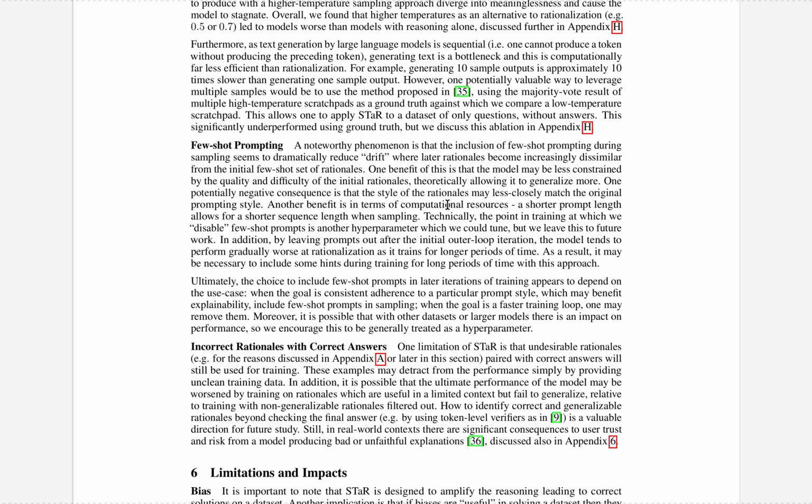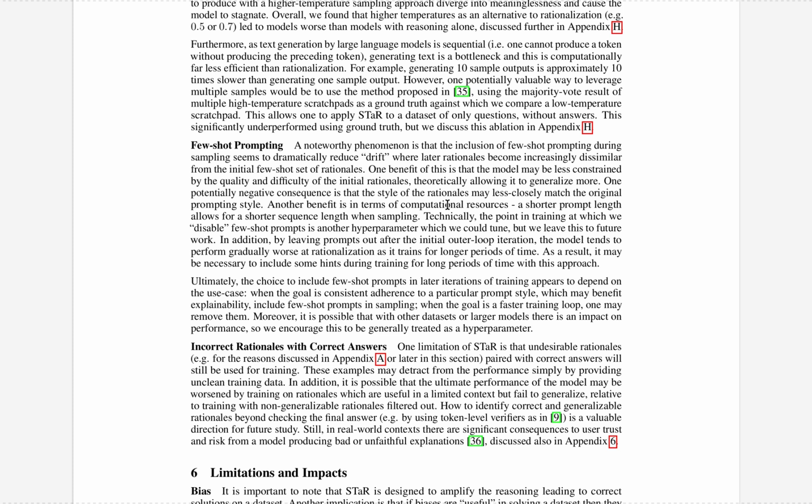One potentially negative consequence is that the style of the rationales may less closely match the original prompting style. Another benefit is in terms of computational resources. A shorter prompt length allows for a shorter sequence length when sampling. Technically, the point in training at which we disabled few-shot prompts is another hyperparameter, which we could tune, but we leave this for future work.